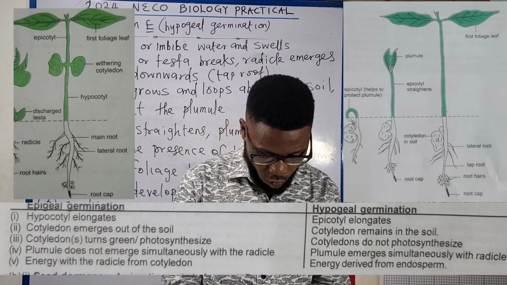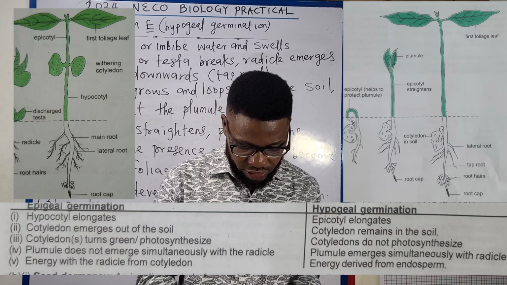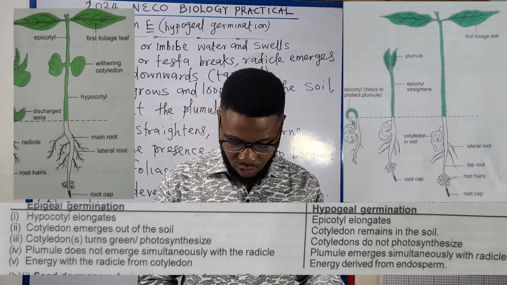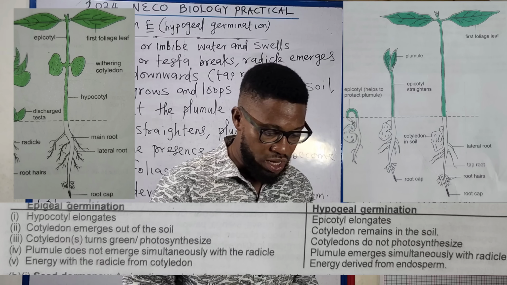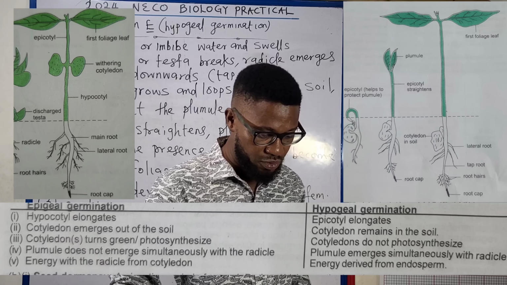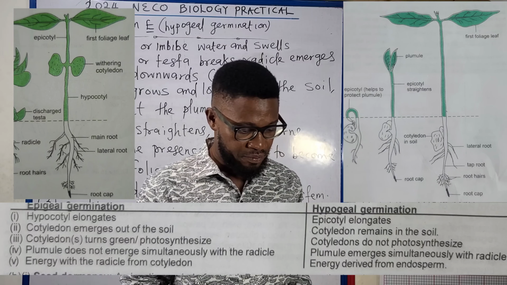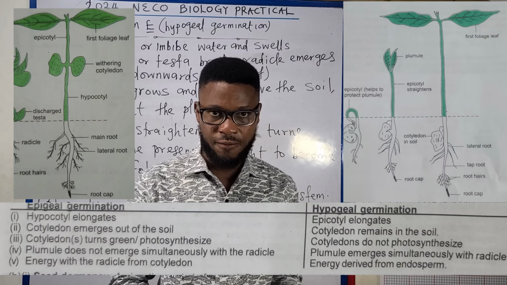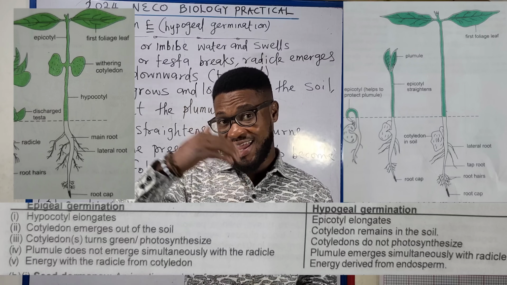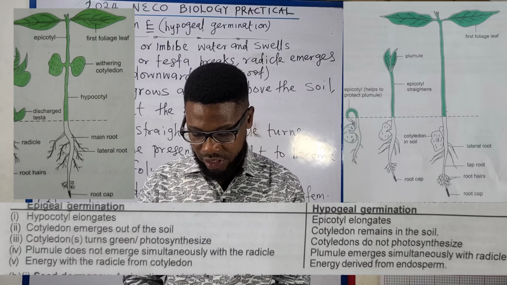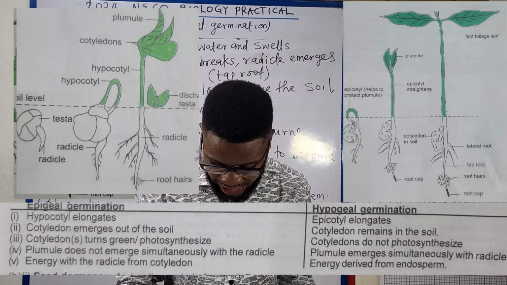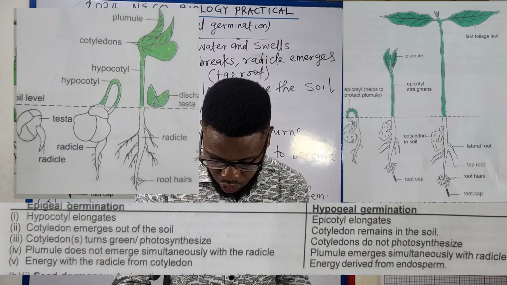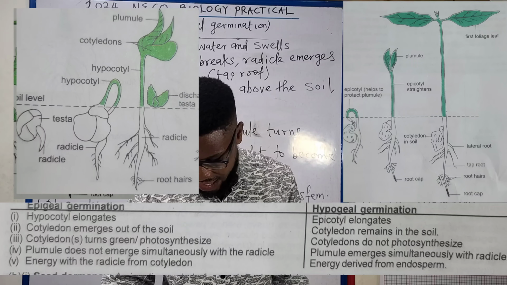For difference number 4, the plumule does not emerge at the same time as the radicle. Look at the diagram very well. When do we begin to talk about the plumule? The first thing that develops here in the case of epigeal germination is the radicle. So it is later on that you're going to talk about the plumule. You can see that in the diagram. The radicle develops, but the plumule does not emerge at that time.